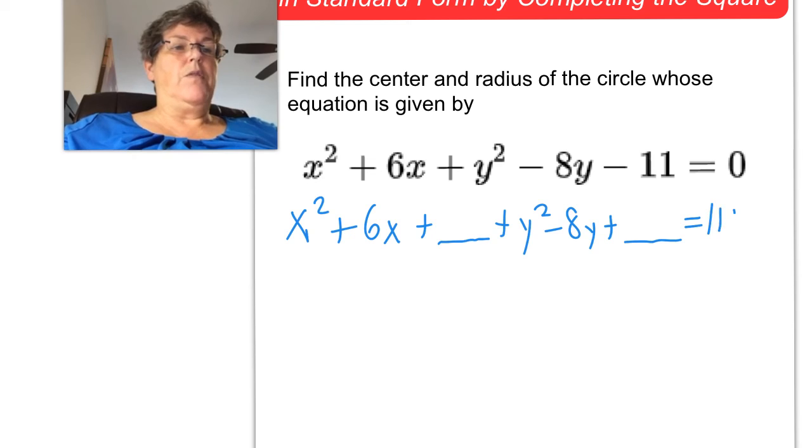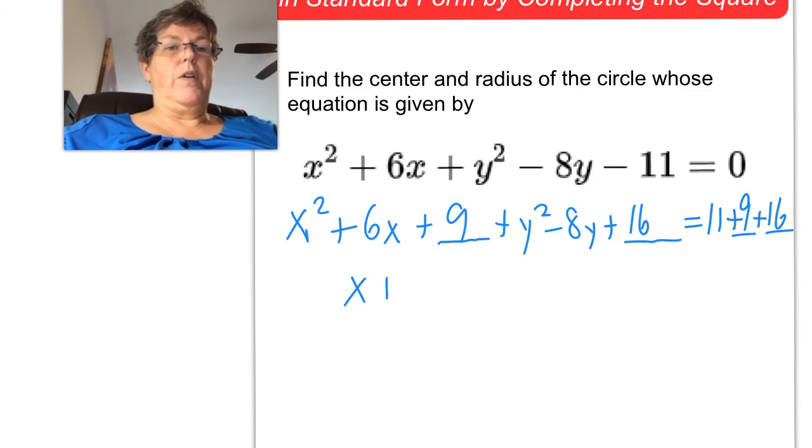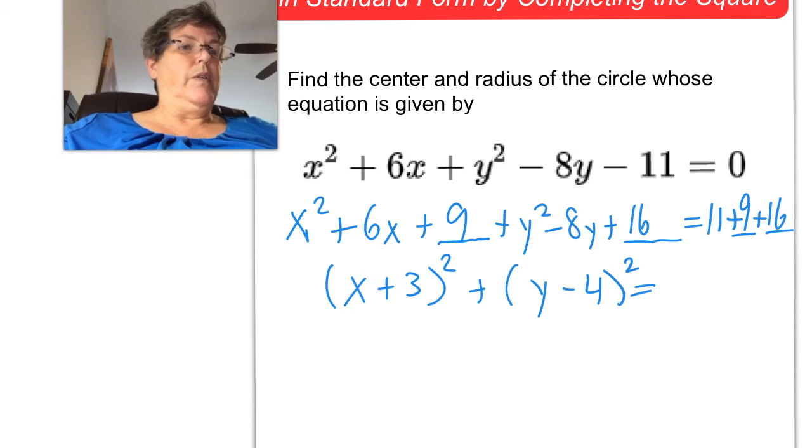We'll move 11 over, and then we'll have to add on those 2 extra numbers. Completing the square, half of 6 squared is 9, half of -8 squared is 16. We'll need those numbers 9 and 16 over here. So now I have a perfect square. X plus 3 squared plus y minus 4 squared equals -11 plus 9 plus 16, which is 36.